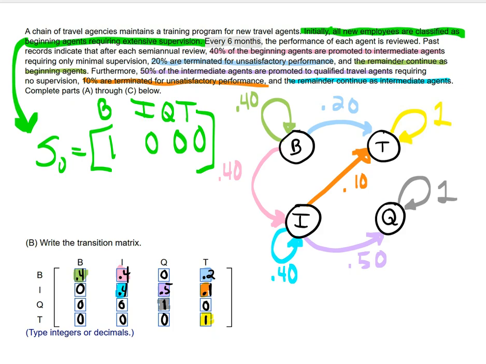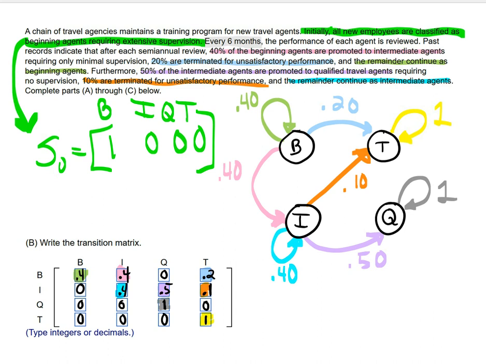I went back up here. You didn't see the bright green when I was doing this last time, but I highlighted in bright green, initially, all new employees are classified as beginning agents requiring extensive supervision. That's your initial state matrix.